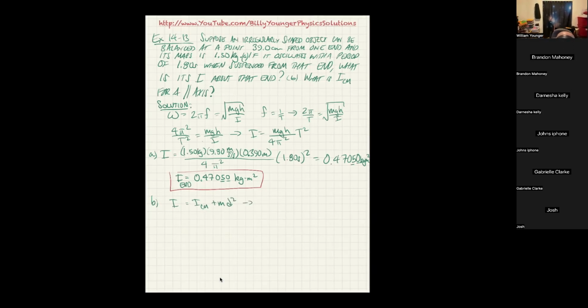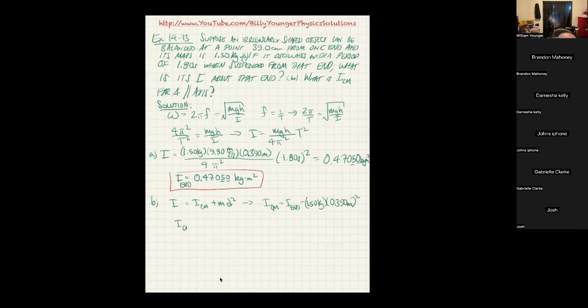So for this one, we're going to say ICM is equal to I about the end, which is the one we just calculated, minus 1.50 kilograms times 0.390 meters squared.